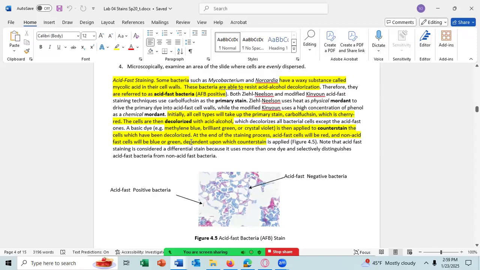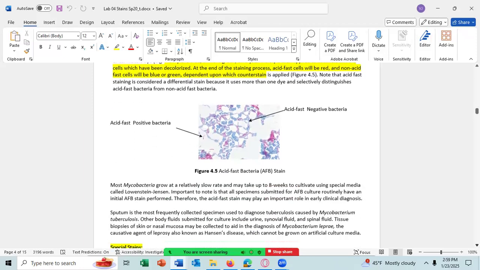At the end of the staining process, the acid-fast positive cells will stain red, and the acid-fast negative cells will stain either blue or green, depending on which counterstain was used.